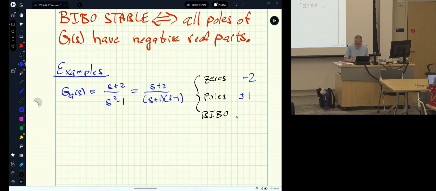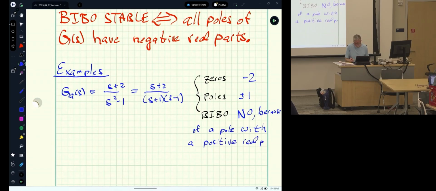No, because of a pole with a positive real part. In this case, plus 1.